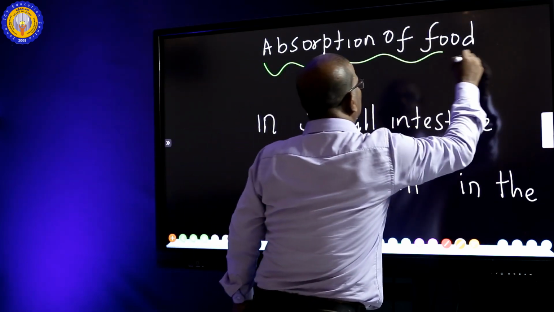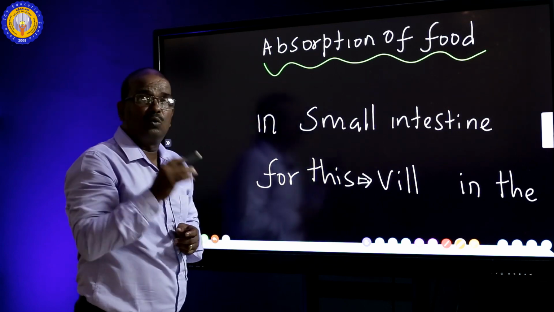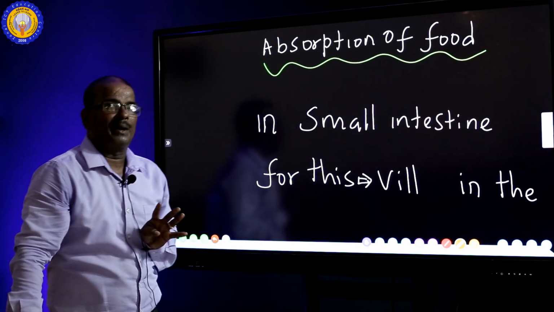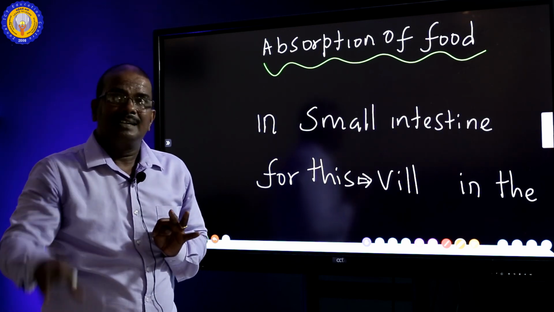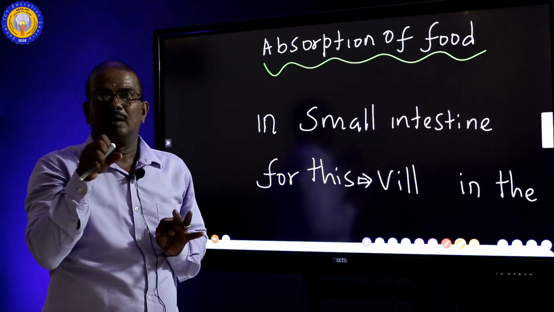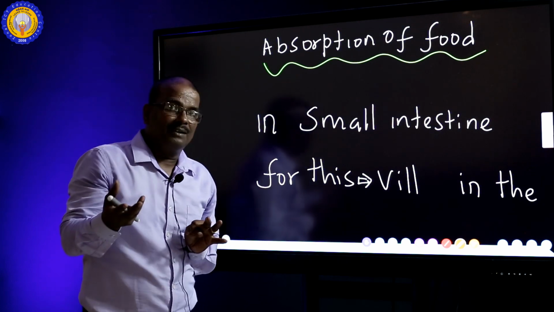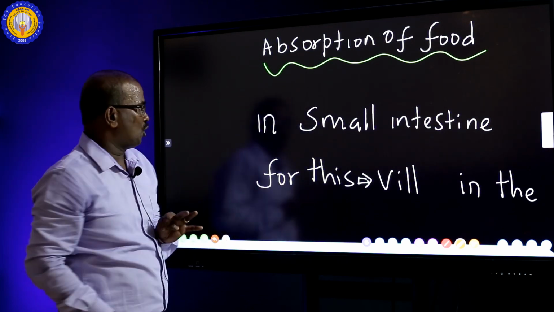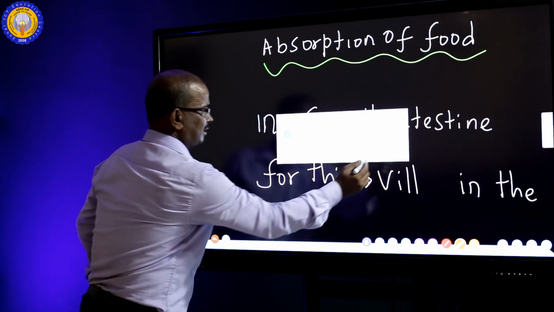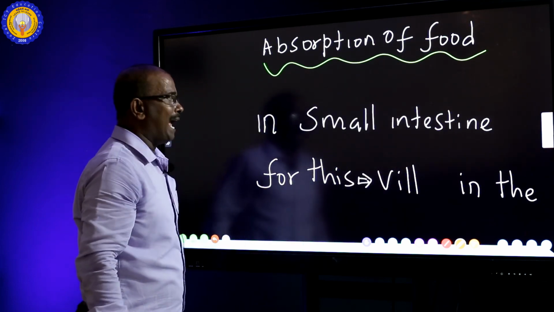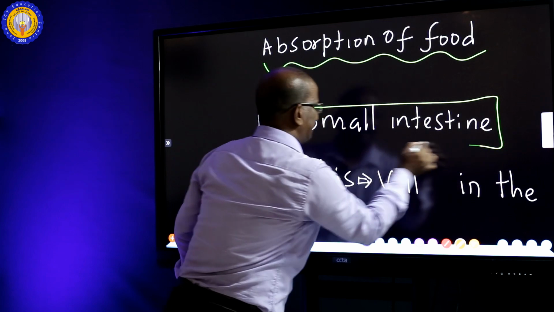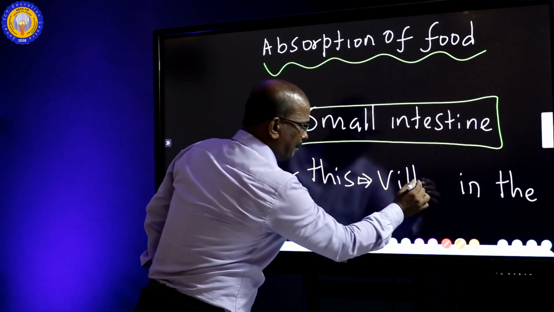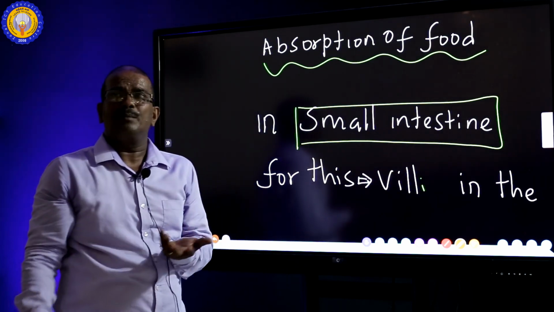Food digestion is completed in the small intestine. That's why in this area, digested food is absorbed. For this, there are many adaptations in the small intestine.